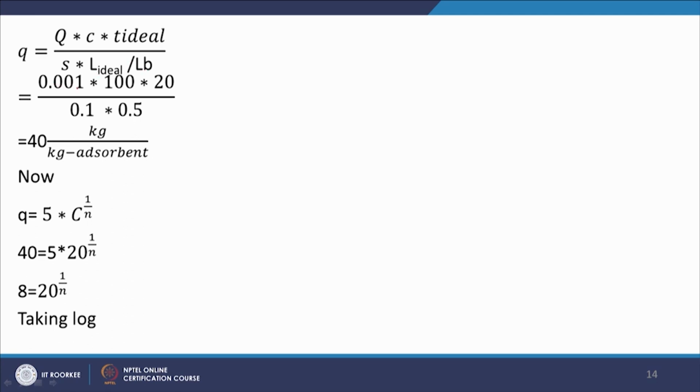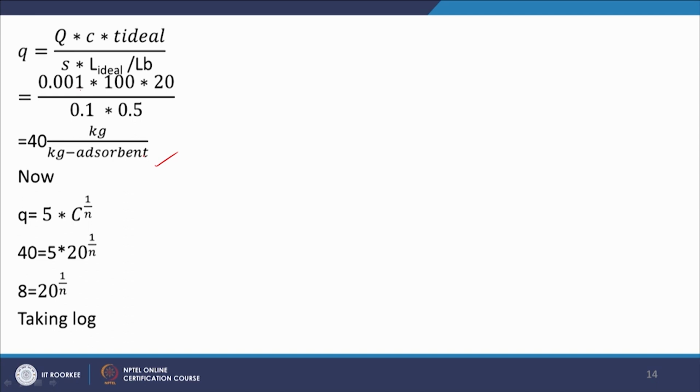Q is 0.001, C is 20, T ideal is 100, S is 0.1 and L ideal by L b is 0.5. By this we get q equal to 20 kg adsorbate per kg adsorbent. So, in the first case we get the value of q.